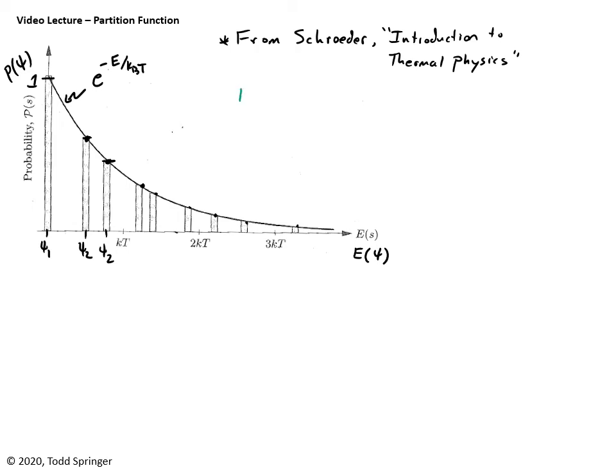Maybe I should write that down. The height of each bar is the value of the Boltzmann factor e to the minus E over kT for that state. Maybe I should say for that energy, because energy is on the x-axis, sorry.